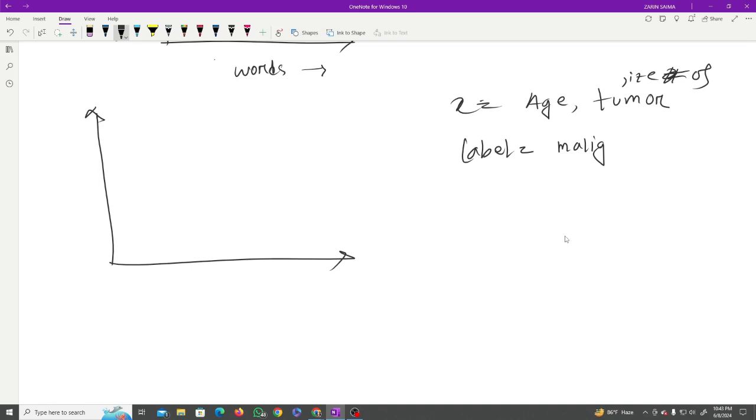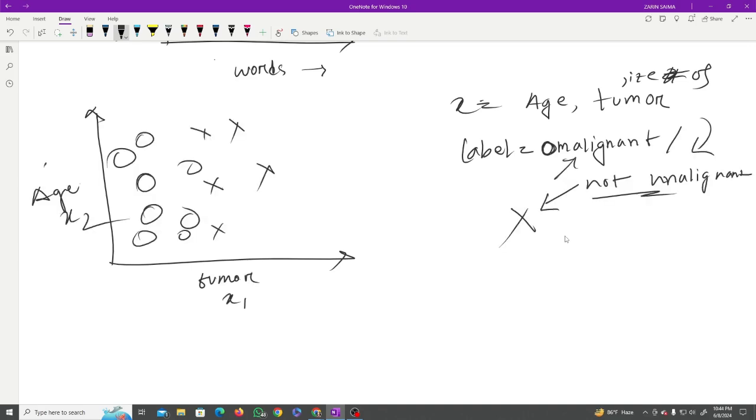Again, different data points. Let's keep age over here. And age and tumor size are both features over here, by the way, don't confuse them, they are not labels. Tumor is x1 and age is x2, two features over here. After performing your algorithm, your model, you have something like that. And it again has a decision boundary that is separating malignant and non-malignant.